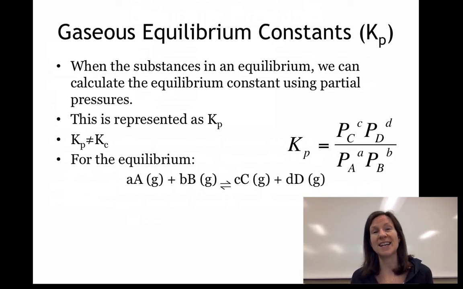But because gases are easier to measure pressure than concentrations, we often talk about the equilibrium as it relates to pressures instead of concentrations. And the equilibrium expression here is the exact same as what we've been doing for concentration, right? Products over reactants, or right over left. But instead of using the brackets and the concentration, you just name it as pressure.